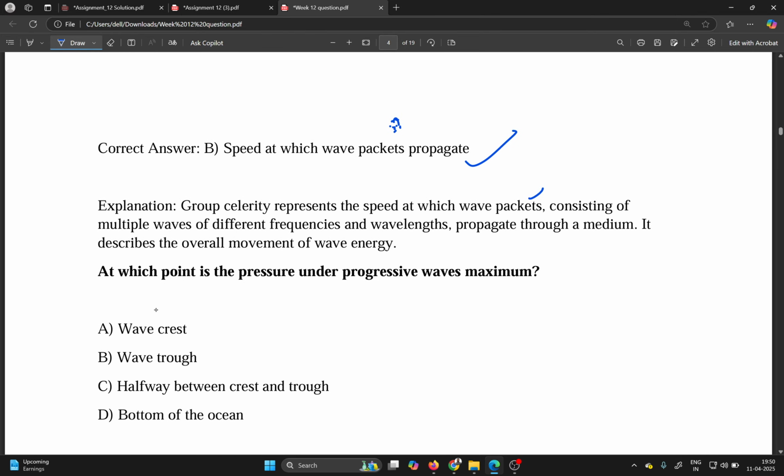Okay. So at which point is the pressure under progressive wave maximum? At which point is the pressure under progressive waves maximum? Wave crest, wave troughs, halfway between crest and troughs, bottom of the ocean. Which option will be correct?